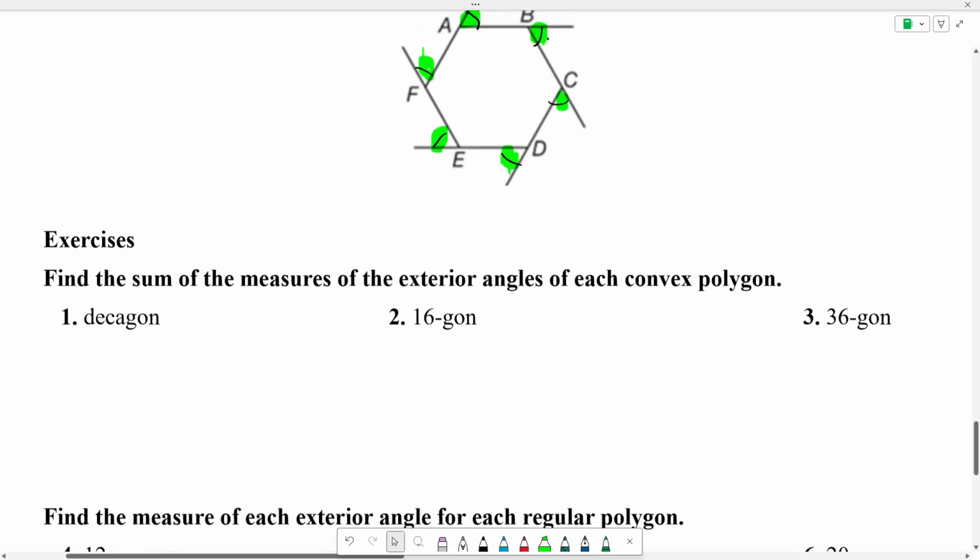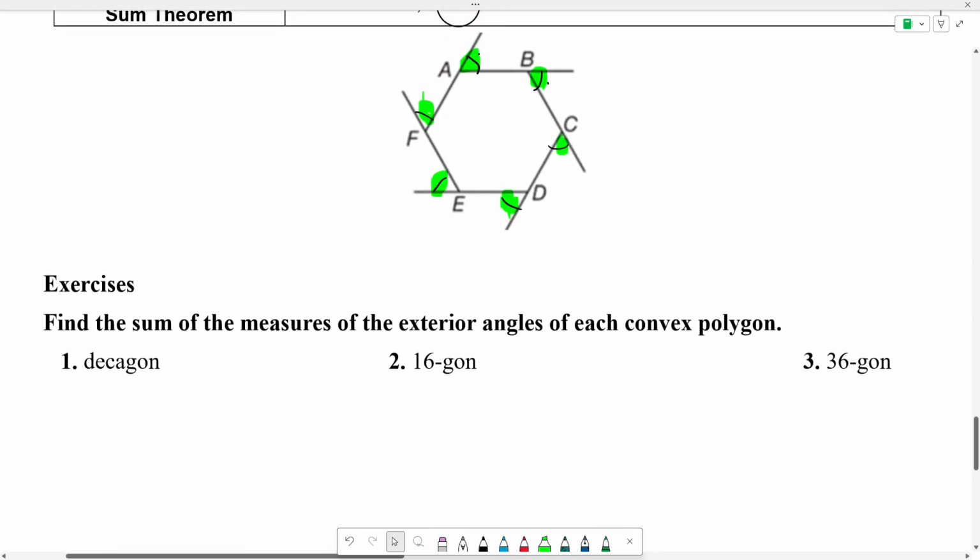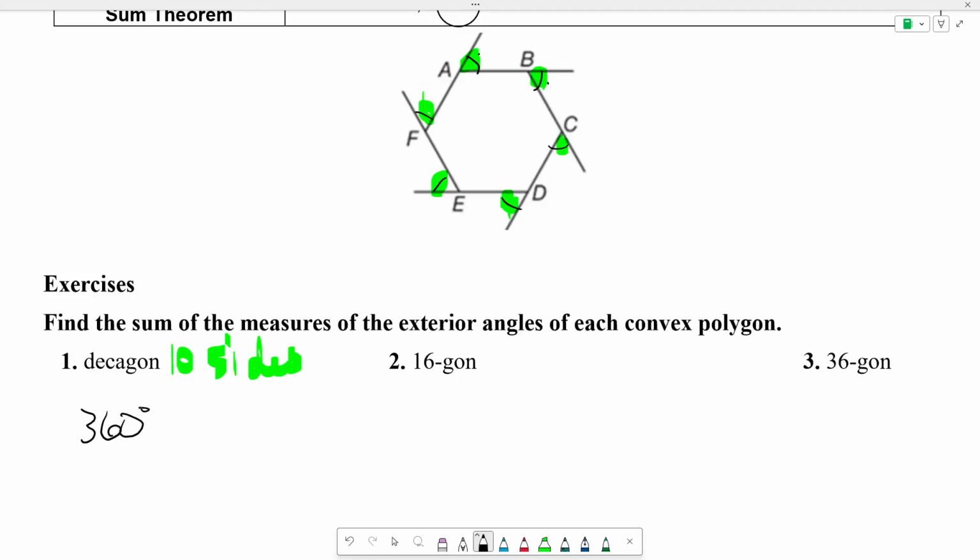So looking at my questions here, it says find the sum of the measures of the exterior angles of each convex polygon. So I got a decagon. Remember, that one has 10 sides. So if it has 10 sides, the sum of the exterior measures, oh, that's 360 degrees. Wonderful. How about one that's got 16 sides? Whew, that's a lot of sides. Guess what?